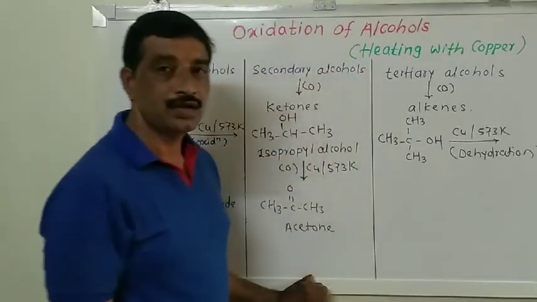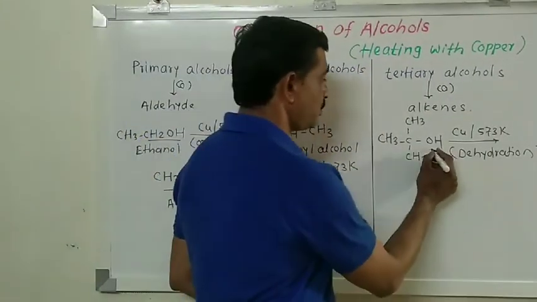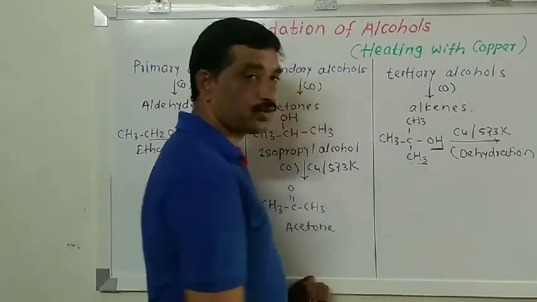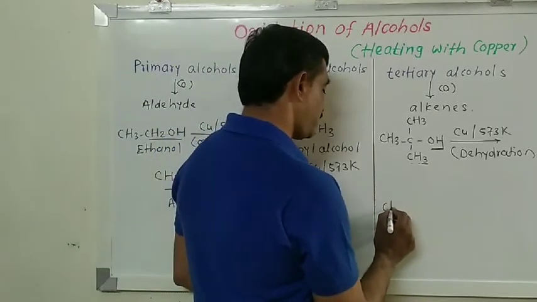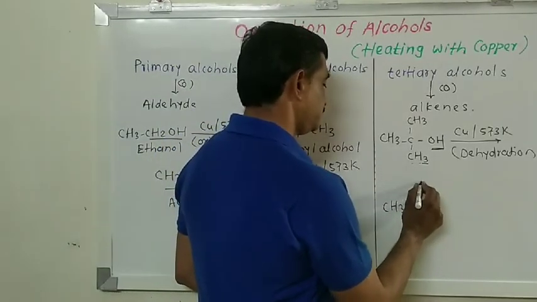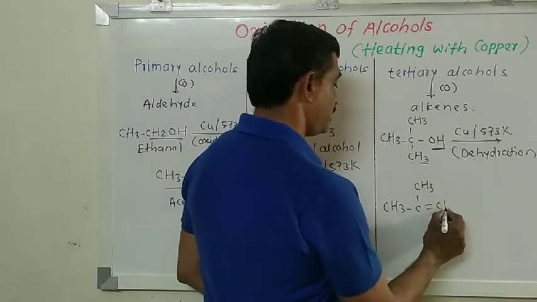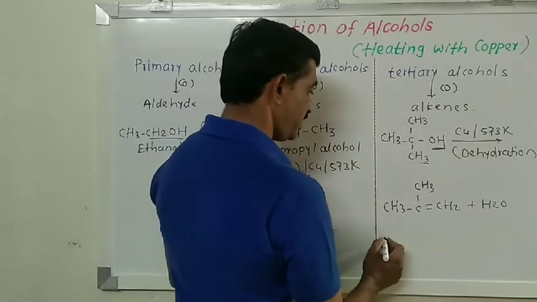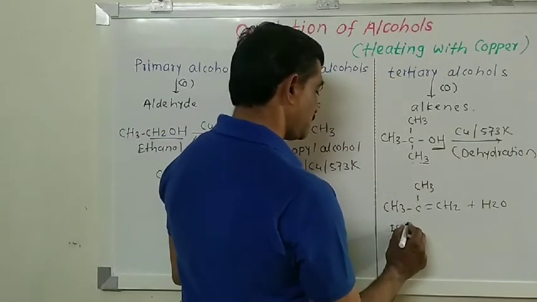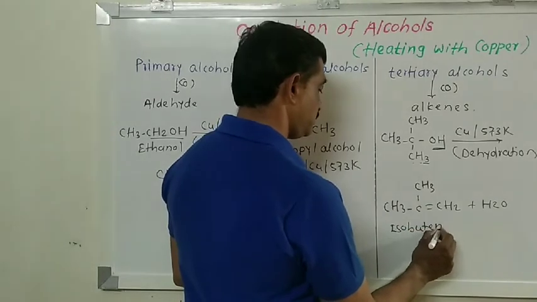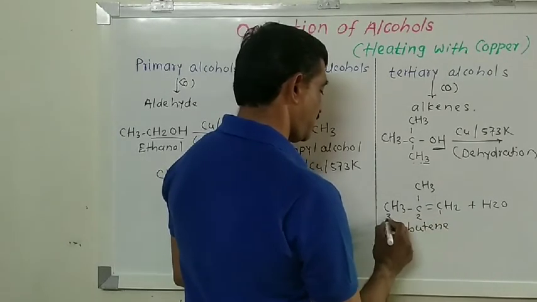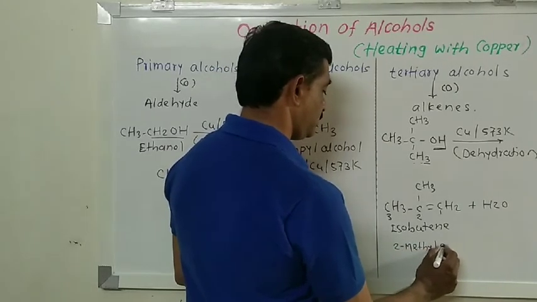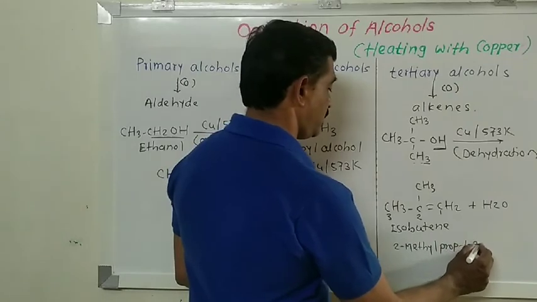It undergoes dehydration, that means removal of the OH group and a hydrogen atom from one CH3 group takes place, and we get the product CH3-C(CH3)=CH2 plus H2O. The name of the compound is isobutene, or 2-methylprop-1-ene.